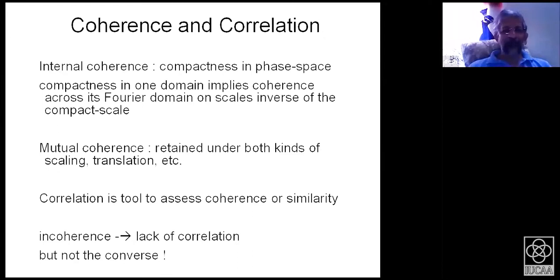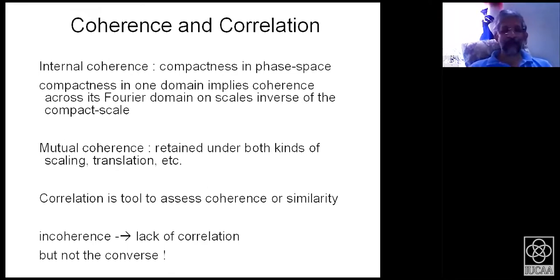While incoherence might lead to lack of correlation, lack of correlation does not necessarily imply incoherence. There might be hidden coherence which we have not explored, and we need to allow for possibilities which make it appear uncorrelated.